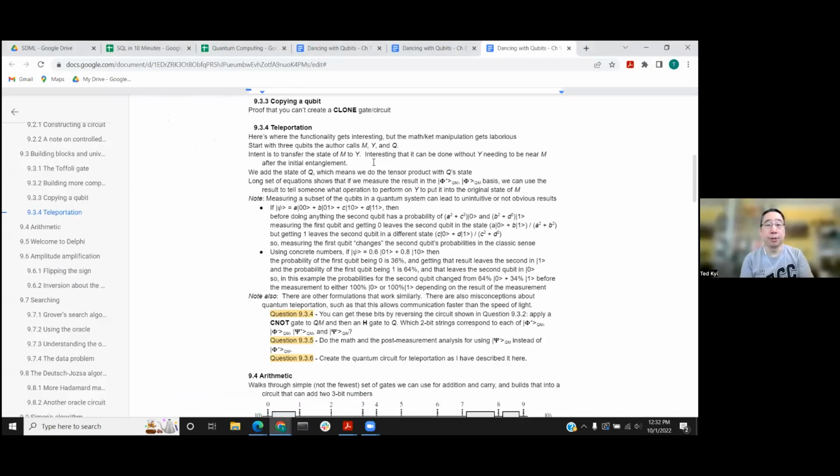And in fact, if I go back, my notes are wrong here. So we're transferring Q to Y. And Y does not need to be near Q after the initial entanglement with M.